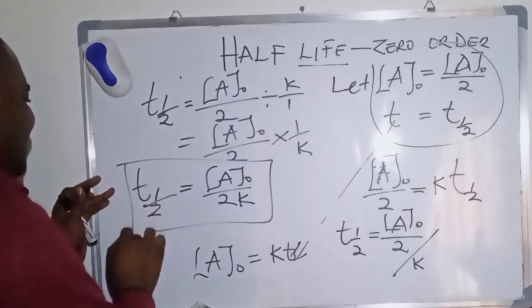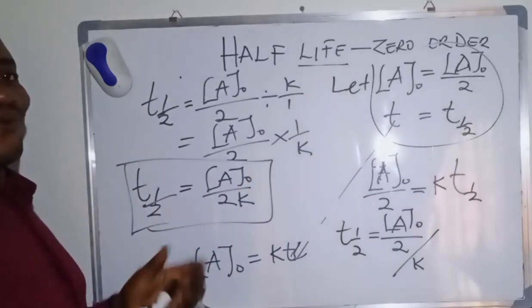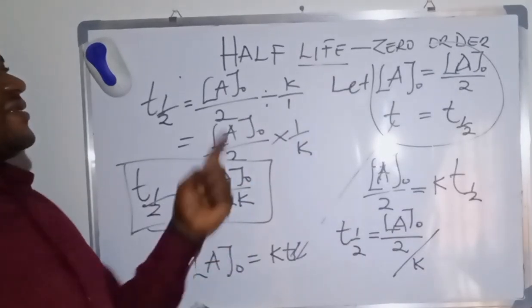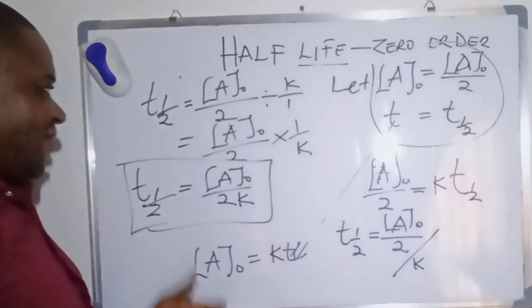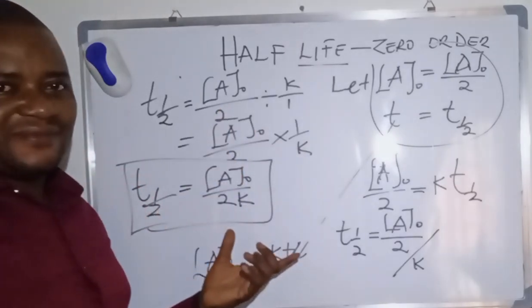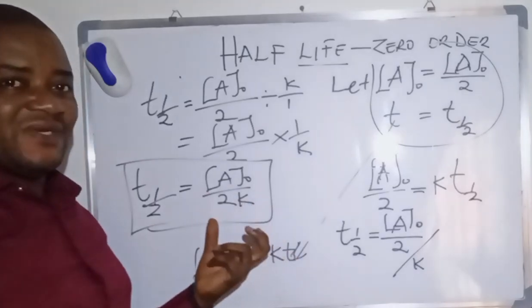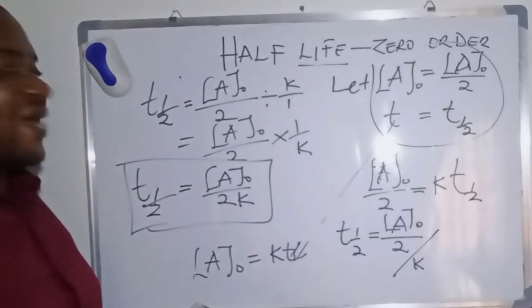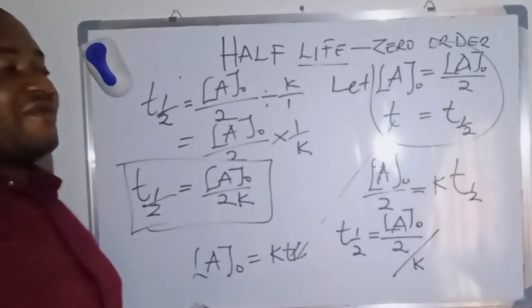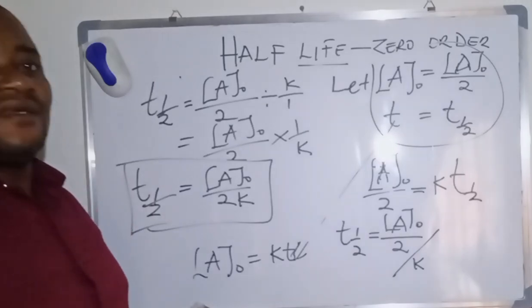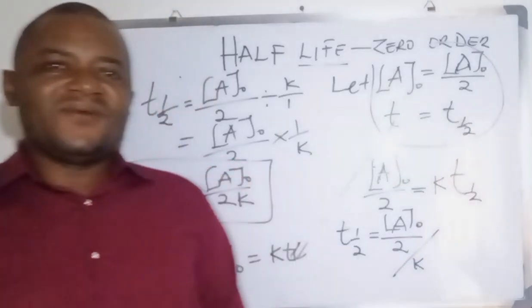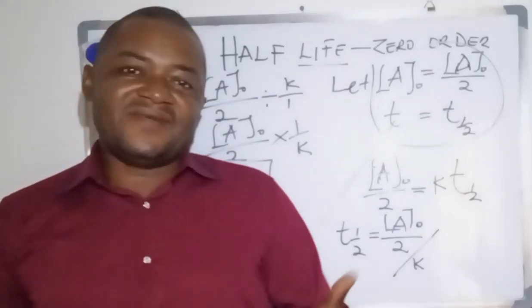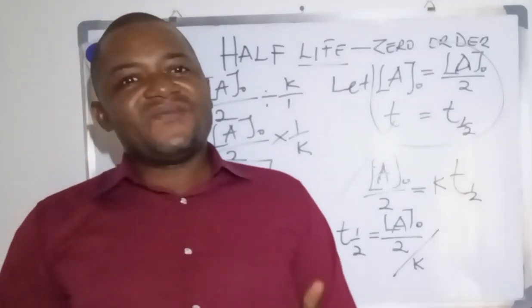This is the half-life equation for a zero order reaction. You see how simple it is. If you follow these steps the way they go, you can easily derive the half-life equation for a zero order reaction out of its rate law. I'm sure you have learned something very interesting today.